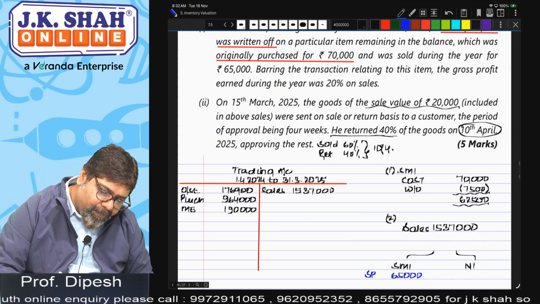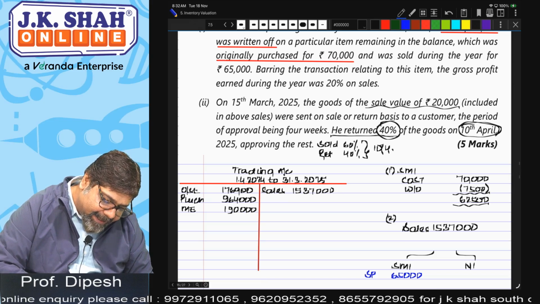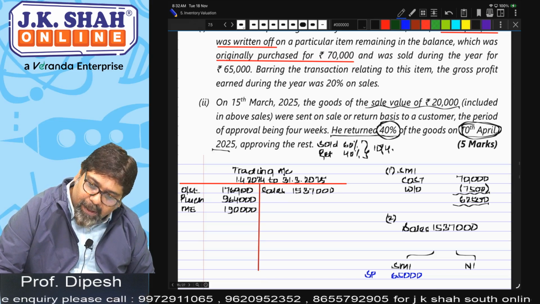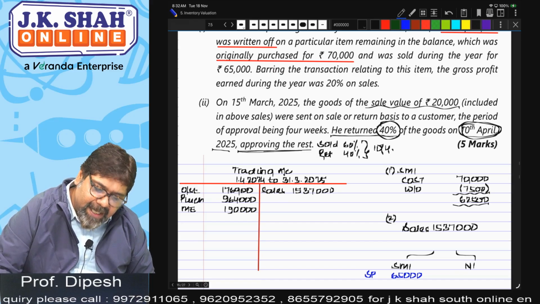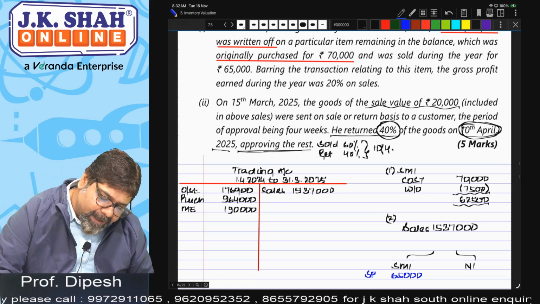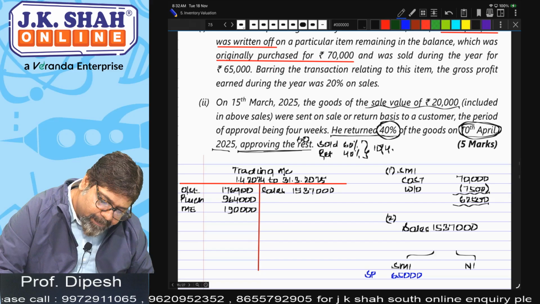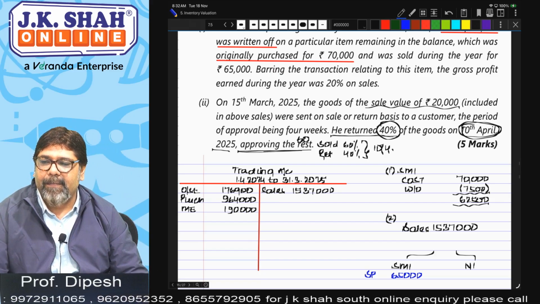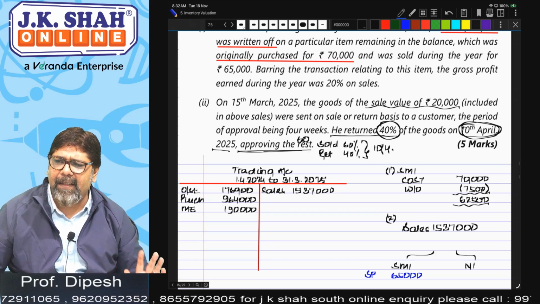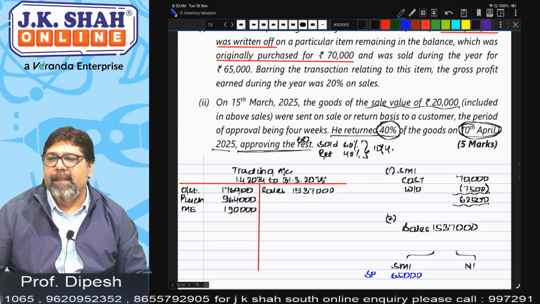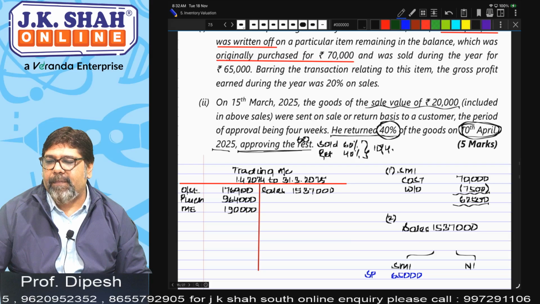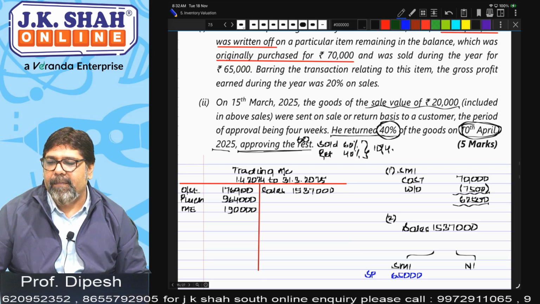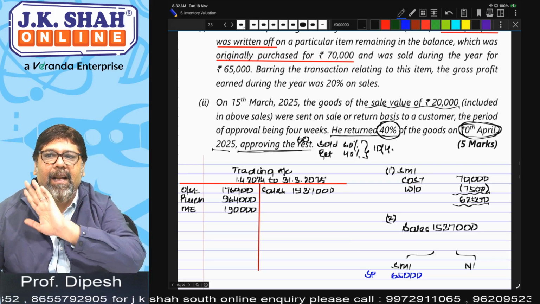He returned 40% of the goods on 10th April 2025, approving the rest. That means approving the rest means the rest 60% he approved. On which date? 10th of April. Everything is written very clearly. One line may answer. Nothing is sold.